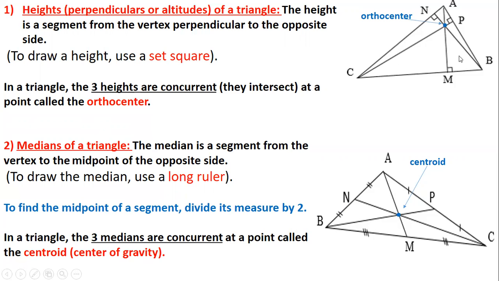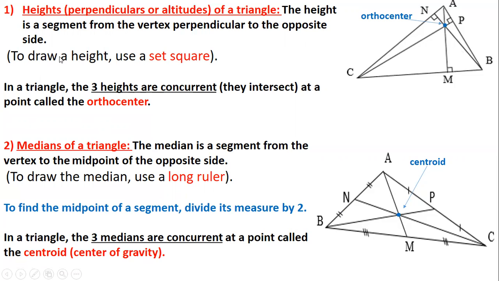As you can see, we can draw 3 heights, one from each vertex, and the 3 heights in any triangle intersect at the same point. This point is called the orthocenter. So the intersection of the 3 heights in a triangle, we call it an orthocenter.